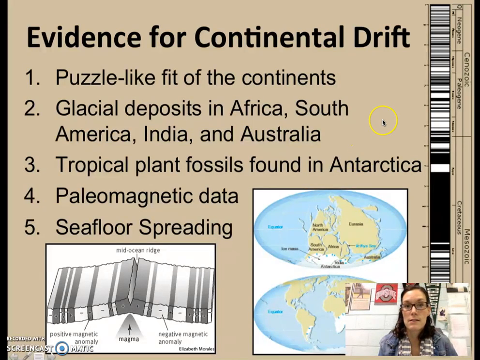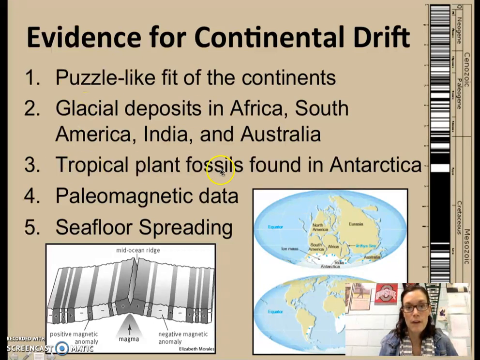So what is the evidence that this has happened? We talked about fossils and index fossils in the geology unit, so that would be evidence. The idea that they fit together like a puzzle is part of the evidence. There are glacial deposits that are similar in Africa, South America, India, and Australia, so that gives us evidence that they were at one time together.